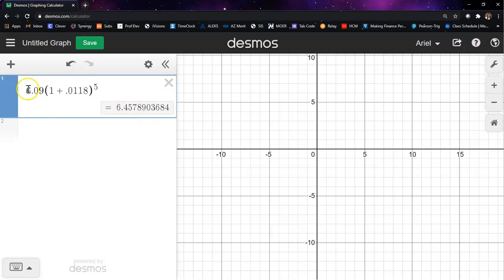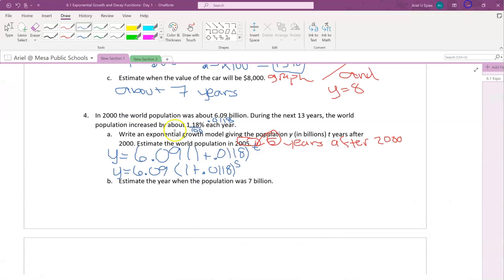Which gets me, we're going to go out to 2 decimal places because our original was out to 2 decimal places. So that would be 6.45, or no, 6.46 because after the 5 is a 7, so I round up.